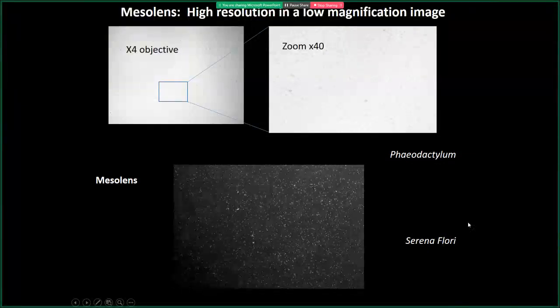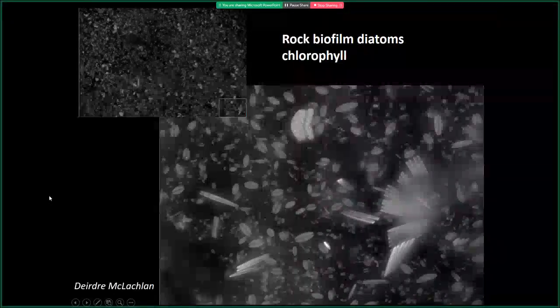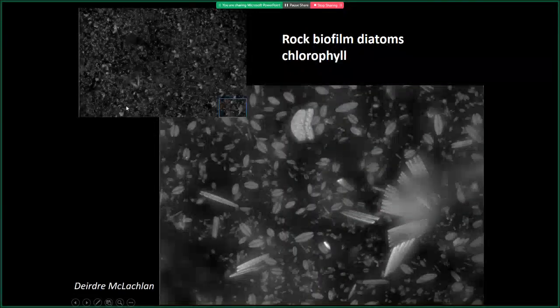So just some more Mesolens images, just to illustrate what it can actually do. This is just an example of a rock biofilm showing some diatoms. These are chlorophyll fluorescence images of diatoms. So at the top right hand, we've got the wide field fluorescence image taken with a Mesolens.